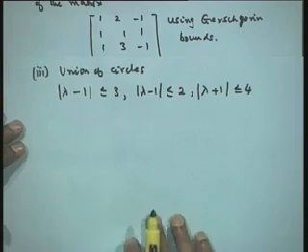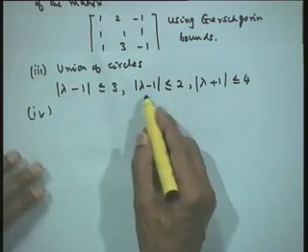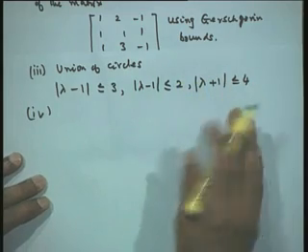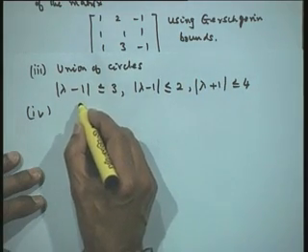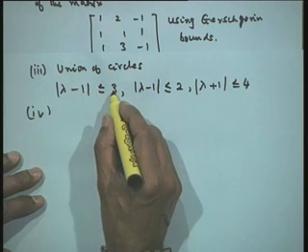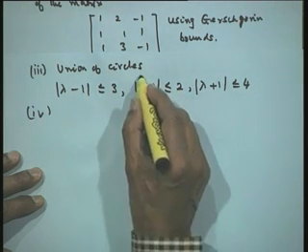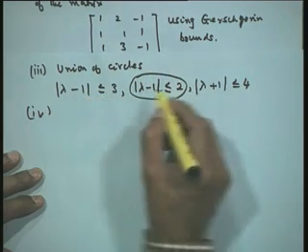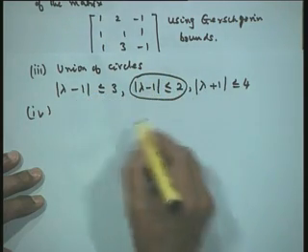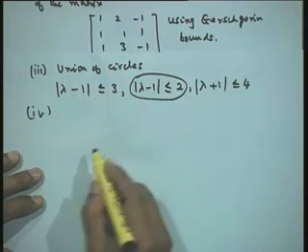Now, before I proceed to the fourth one, we can look at whether any one of these bounds is contained in the other. This is a circle with center at 1 radius 3, and this one has center at 1 radius 2. This circle is inside this circle. So, we do not need to consider this particular one, but these two are intersecting, so we have to consider both of them.